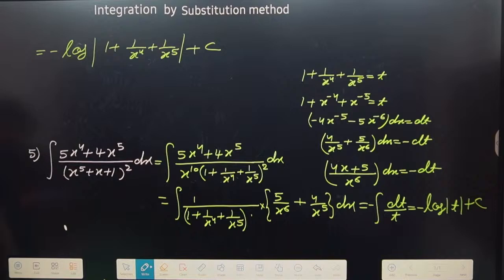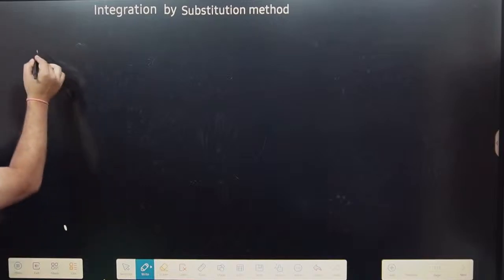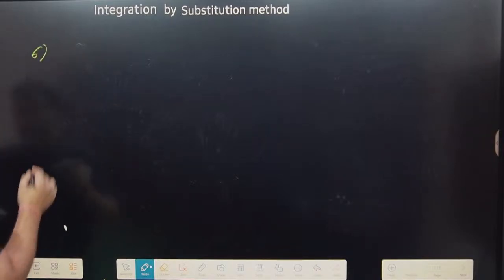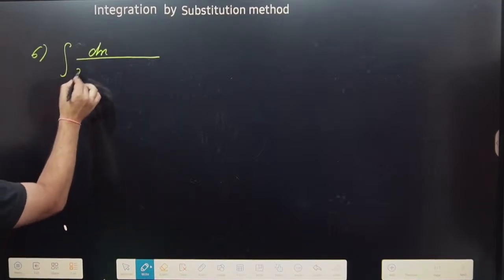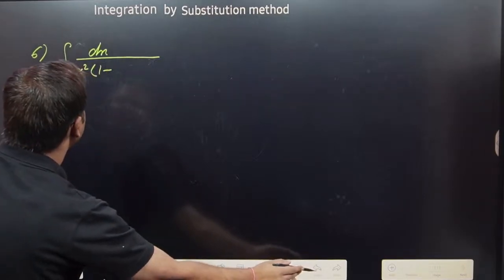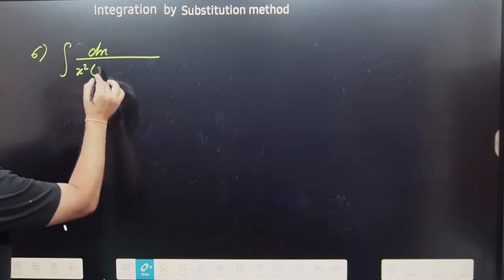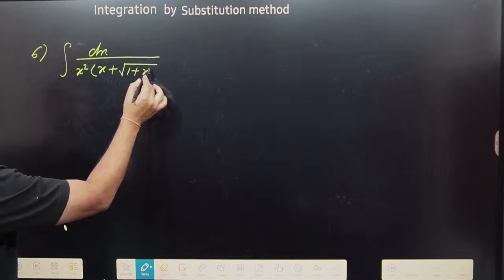Now I will take another problem also. Integration of dx divided by x square into x plus under root 1 plus x square.